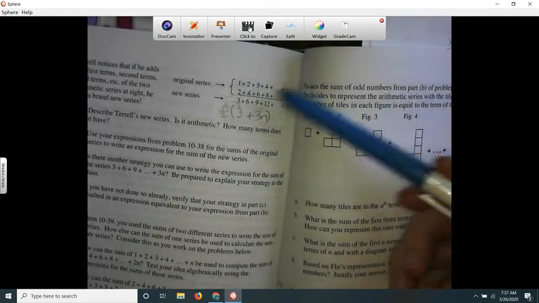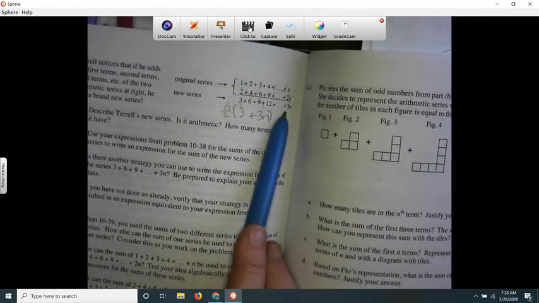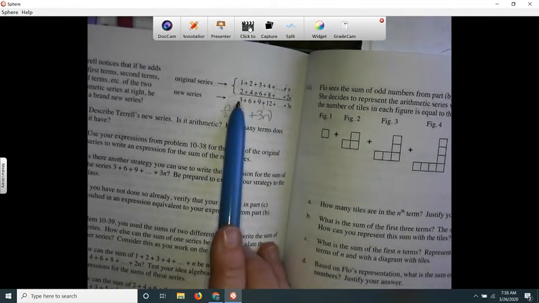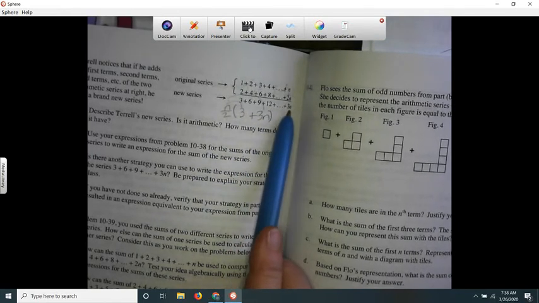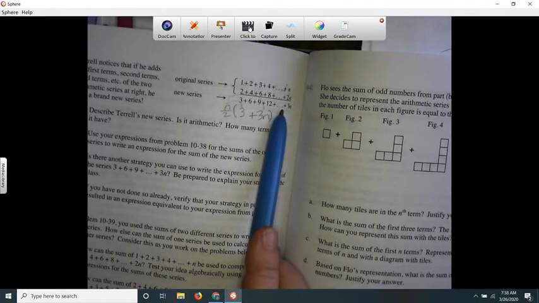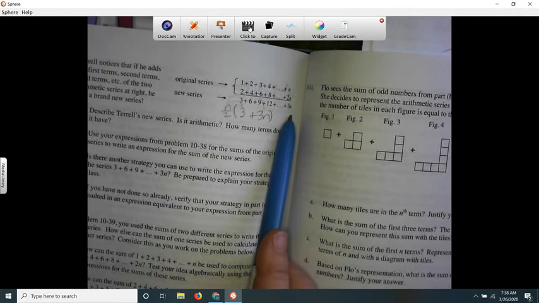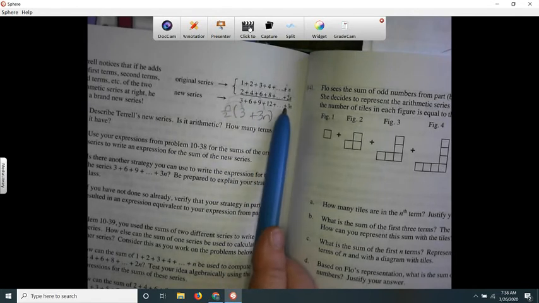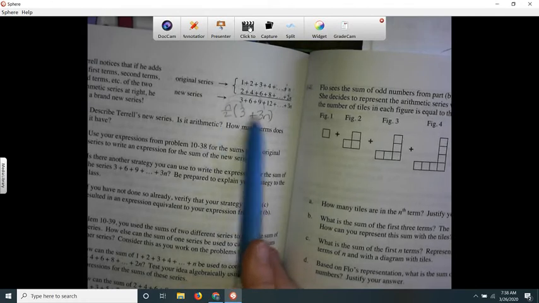And if I had a good enough reason, I would be allowed to add these up, add the first terms. And if I added them up, I get a new series, and it's 3, 6, 9, 12, right? And keep going. And if I did want to find the sum of the series, well, there's the first term and there's the last term. And so I would just use my same formula.